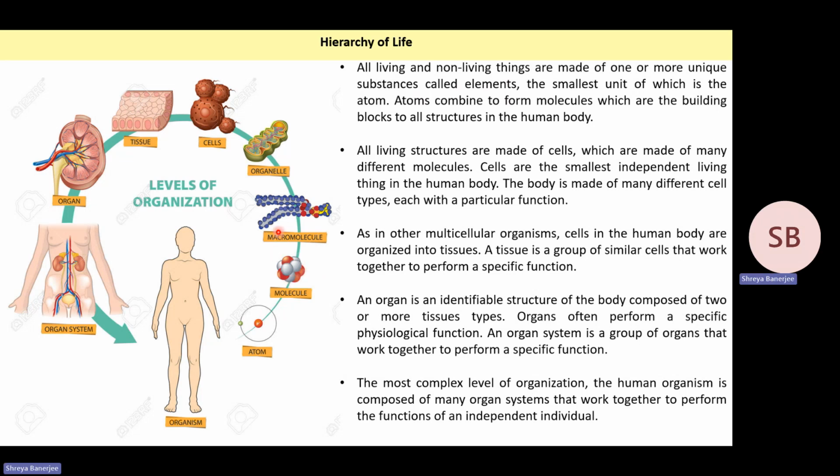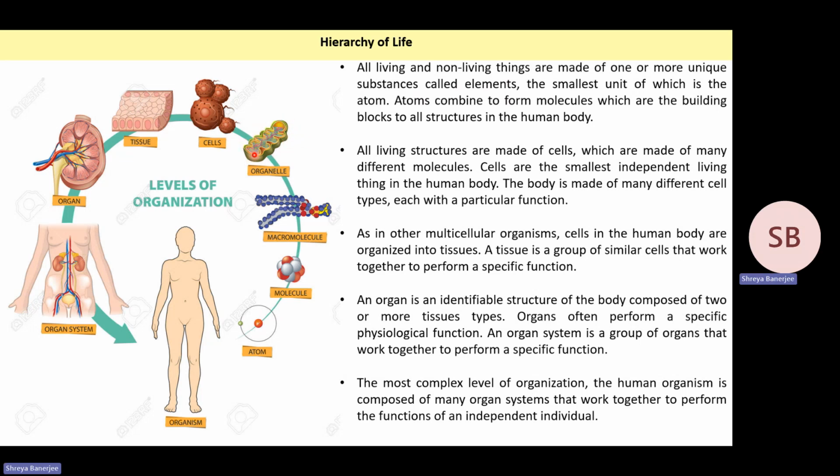These molecules, when they are large in size, are macromolecules. And we learned in the first class that there are four types of biological macromolecules: carbohydrates, proteins, nucleic acids, and lipids. The next level of organization after the macromolecule is the organelle.